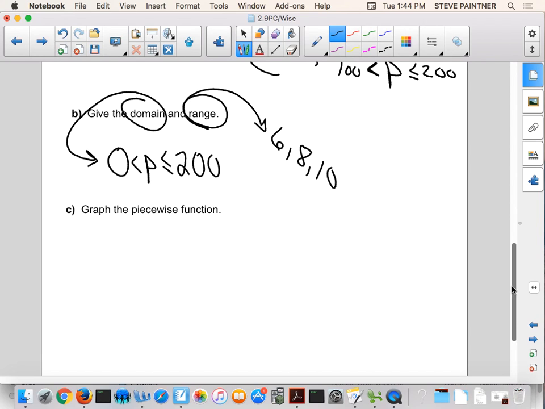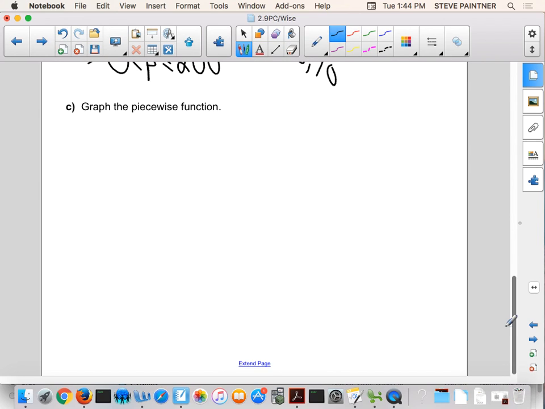You only are dealing with positive numbers. That way, you have 20 squares going right, 20 squares going up. Let's label the x-axis, let's label the y-axis.